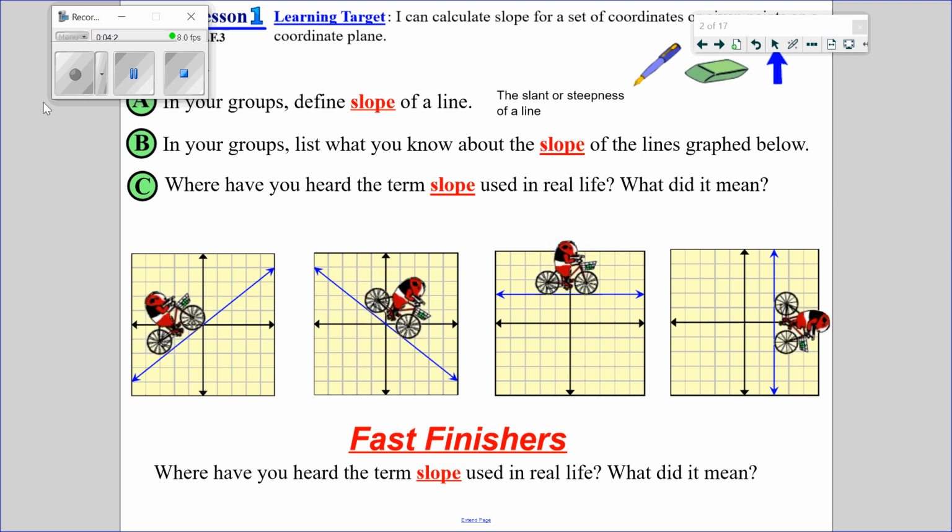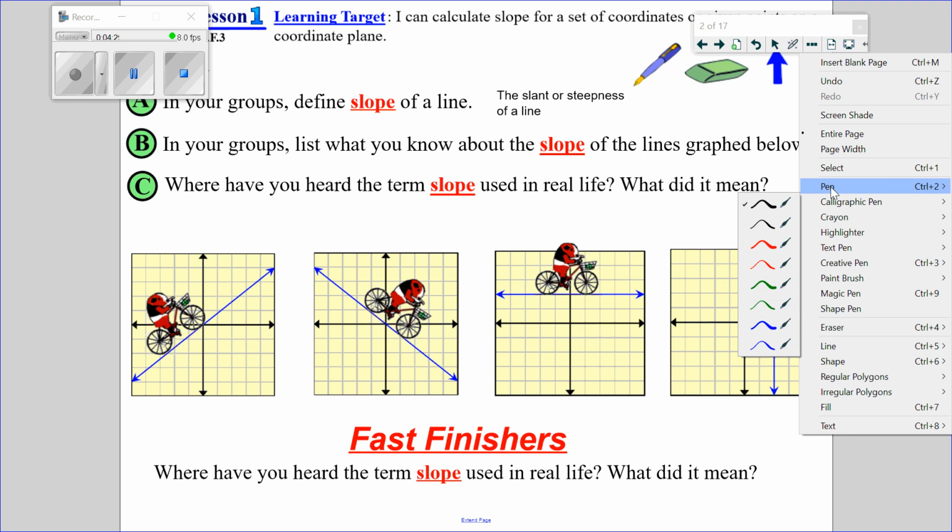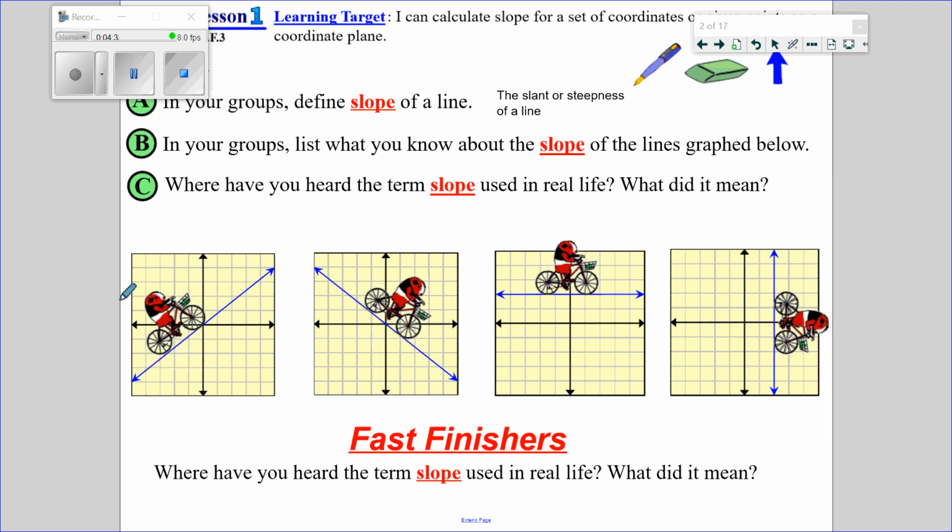If we look at the first picture down below, we can see from left to right that the line is increasing. If it's increasing, it's a positive slope. You could see that the little animal is trying to ride up the hill. It's a positive slope and it's pointing upward.